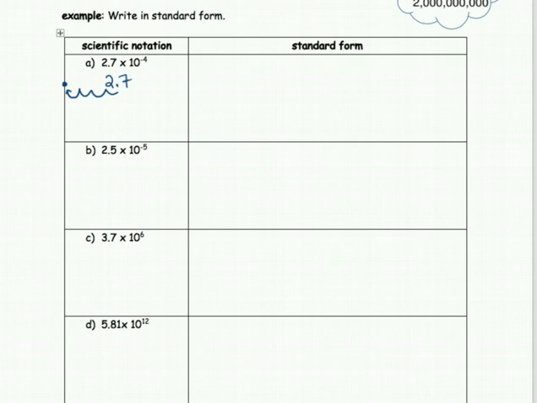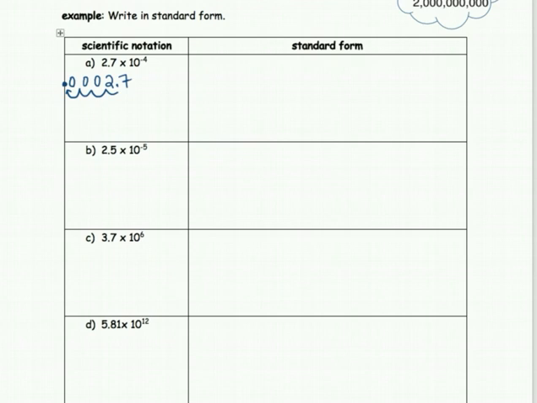Okay, so now in these little, I don't know, rainbows, if you want to think of it, there was a 0 and a 0 and a 0. So we're going to put a 0 in for every little loop that you made here. Now if you double check here, the 2.7, the decimal is here, and now you're going to move it 1, 2, 3, 4 spots.